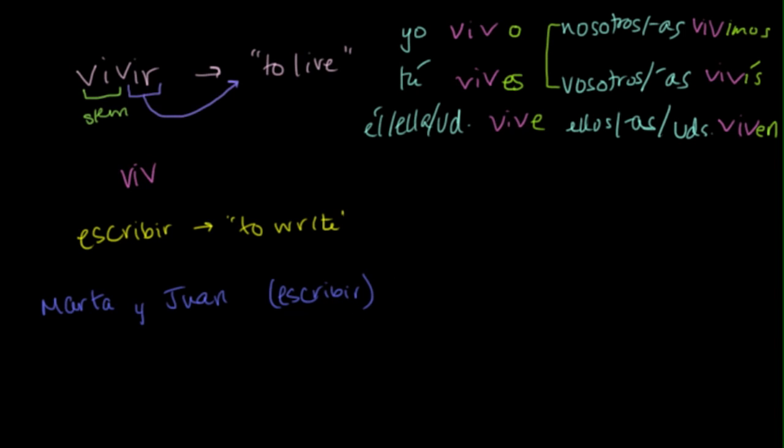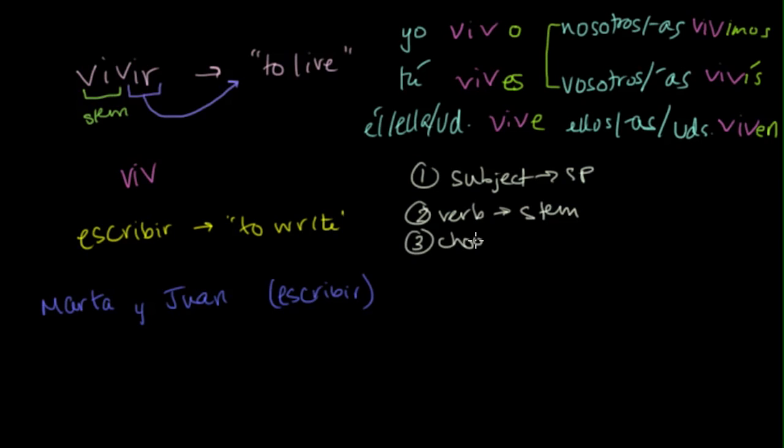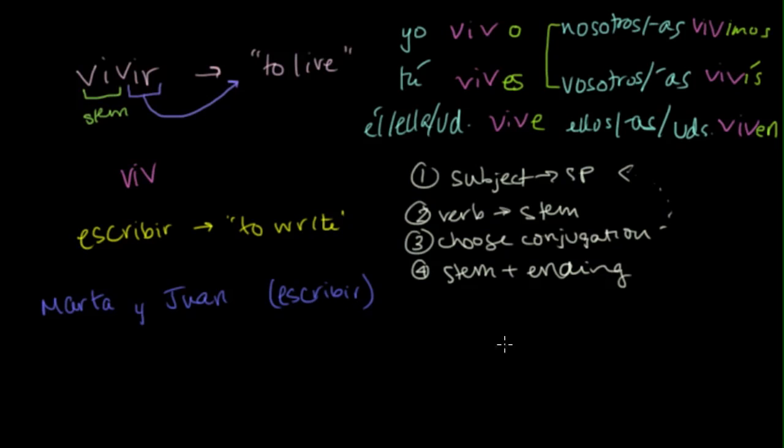Okay, so our conjugation process is exactly the same. Step 1, subject and subject pronoun. Step 2, identify the verb and make sure it's a stem, so drop the infinitive ending. 3, choose the appropriate conjugation ending, which matches your subject pronoun. And 4, take the stem and add the ending to it to conjugate the verb.